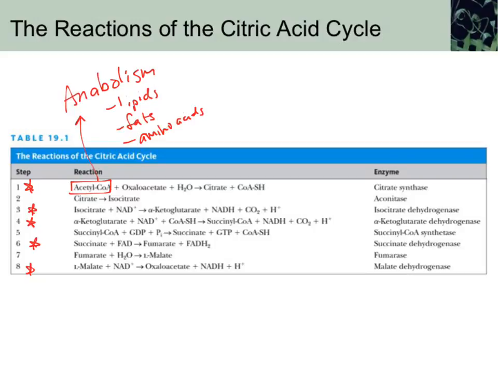Making GTP. What is GTP? Precursor to ATP. It's sort of the same thing as ATP. ATP has adenine as its nucleotide. What is G? Guanine. It's still a high energy nucleotide carrying a phosphate group.